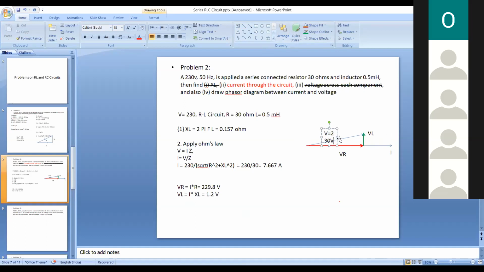In the vector diagram, you have to represent everything, the different voltages. VR you found as 229.8 volt, and VL was equal to 1.2 volt, and current was 7.667.